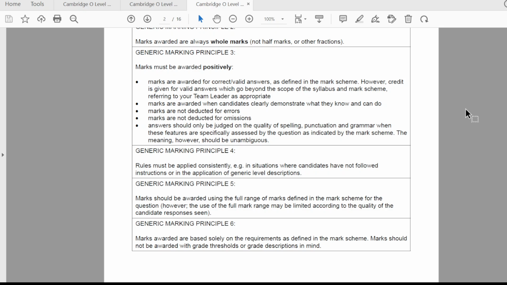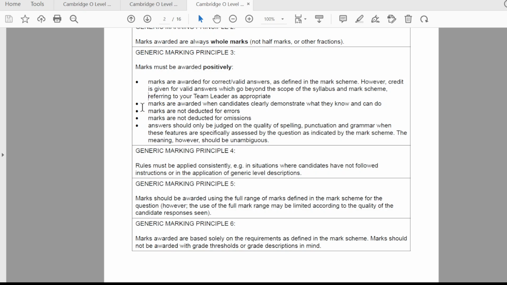But word of advice, do not bank on such an approach, right? This is not something that's going to happen very often or often at all, right? These are rare cases. So this leeway, this space has been given for the off chance someone gives a valid answer that is beyond the scope of the syllabus and the marking scheme, but it's not going to happen every time.